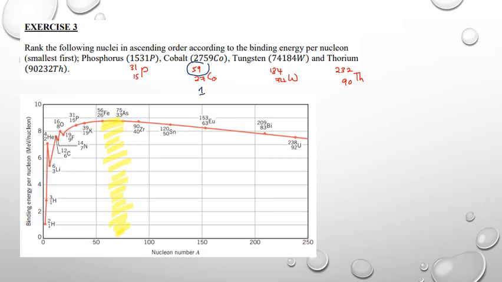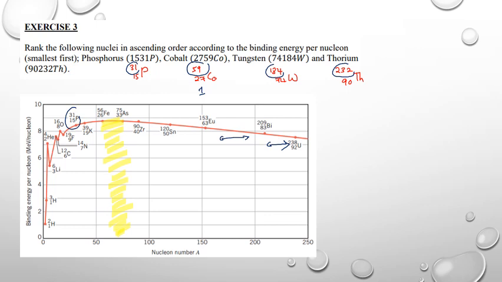Then for the second one, if you look at the other 3, we have 31, 184, and 232. 31 is somewhere right here, and 184 is somewhere here, which is less stable compared to 31. And 232 is even less stable compared to the tungsten. So you have to look at the positions, roughly where each is.